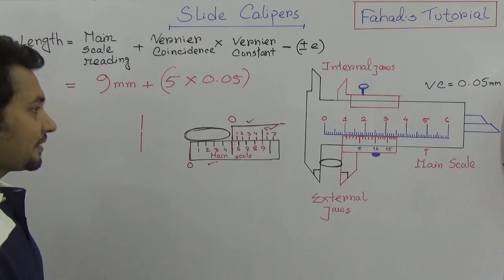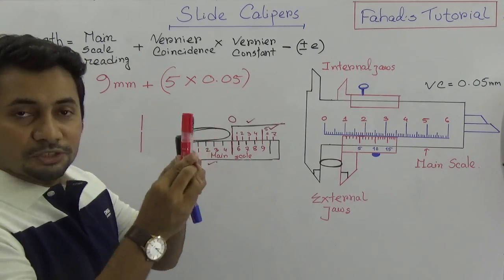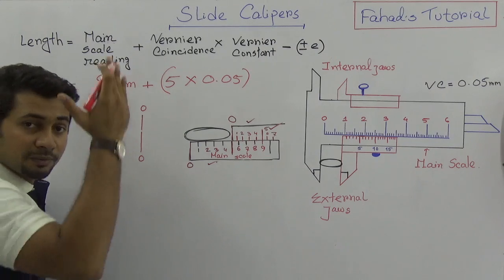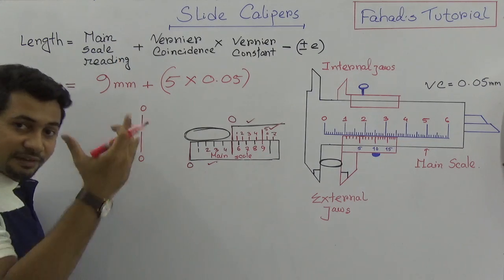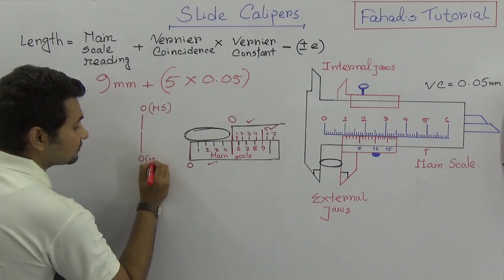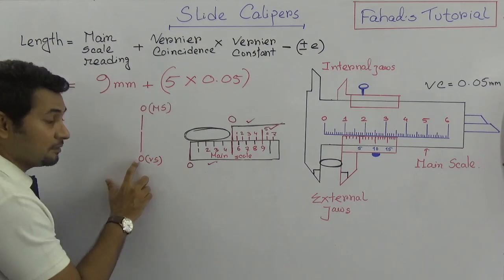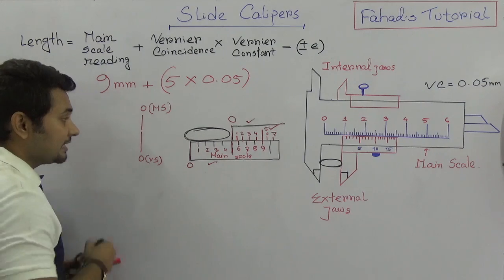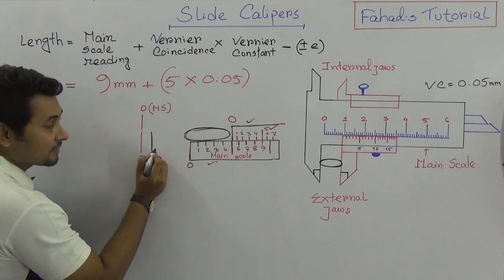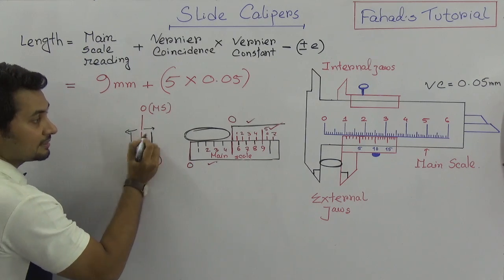The errors are these: when the two jaws are closed together, the Vernier 0 and the main scale 0 should be vertically aligned. Again, this 0 is for the main scale and this 0 is for the Vernier scale. But if the 0 of the Vernier scale is left behind, or it crosses to the right side, or it can be on the left side.